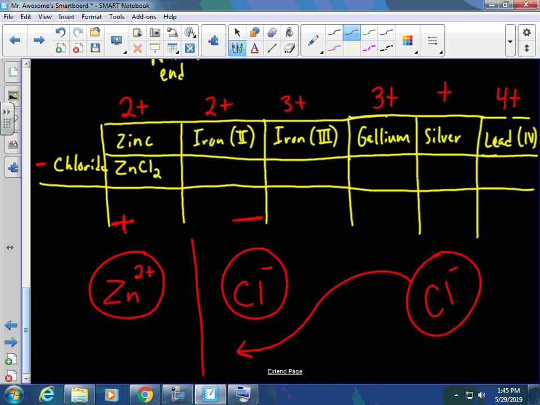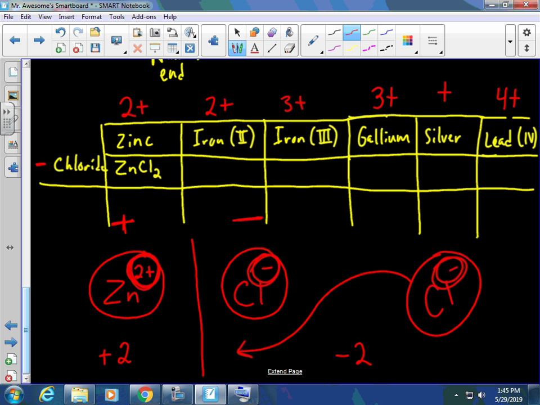Now do the overall charges add up to 0? Okay, on the plus side, I have 2 positive charges. And on the negative side, I have 1 negative here, 1 negative here, so I have a total of -2 over here. +2, -2, they cancel each other out to 0. Okay?